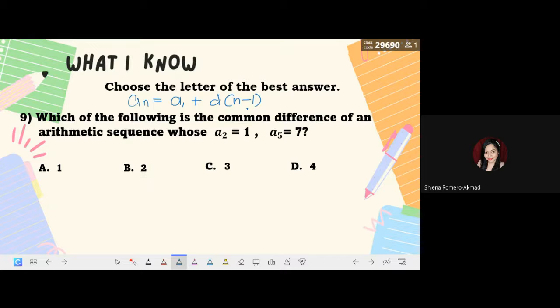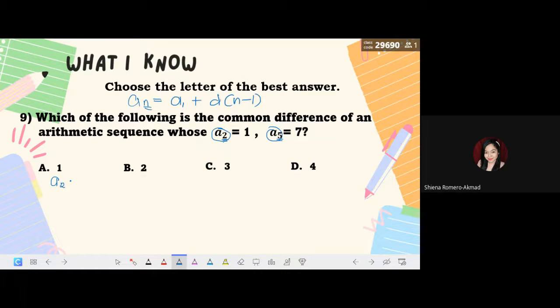Ano yung gagawin natin dyan? We are going to form a general term na for a sub 2 and for a sub 5. Okay? So, kapag a sub 2, syempre mapapalitan yung n ng 2.